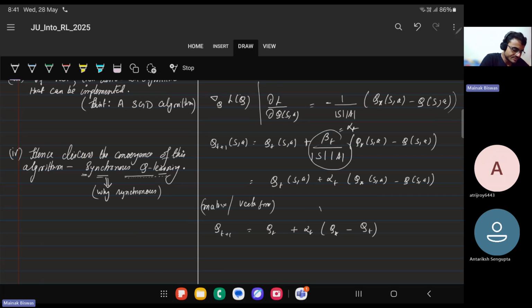For all states and actions? These two are equivalent. This is a single value and this is for every state and action. For every state and action, you will have this same update. Correct or not?